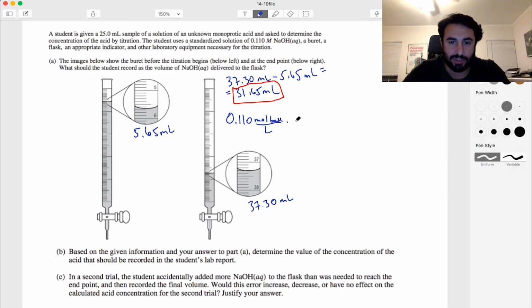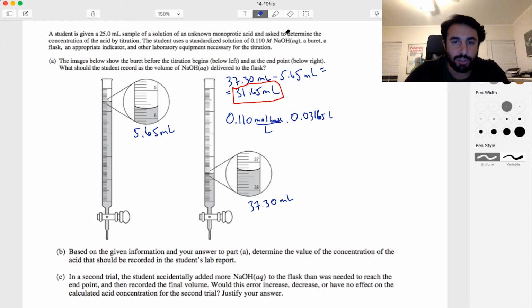So we have to convert this to liters, 0.03165 liters. Okay, so if we were to do that, that would give us the moles of base. We're using the volume and the concentration to go to moles.